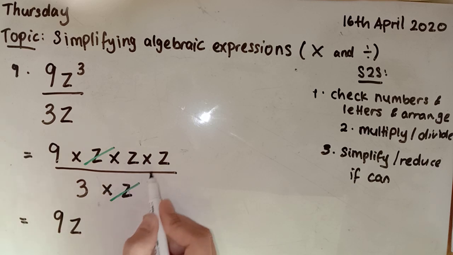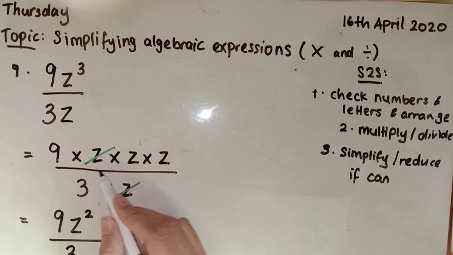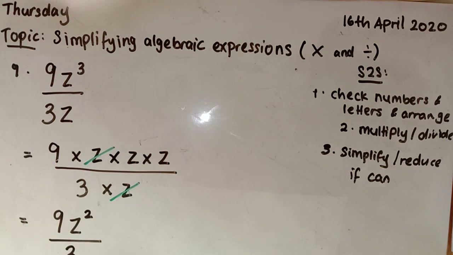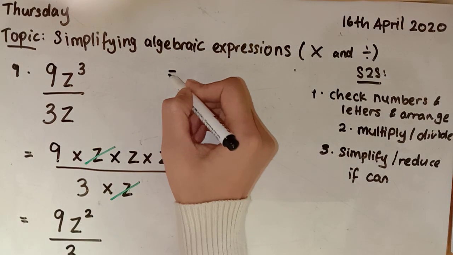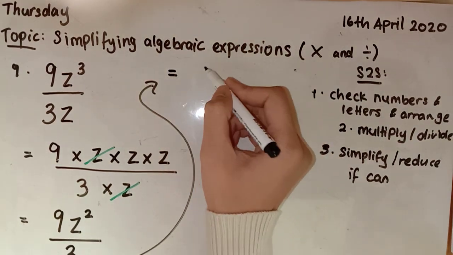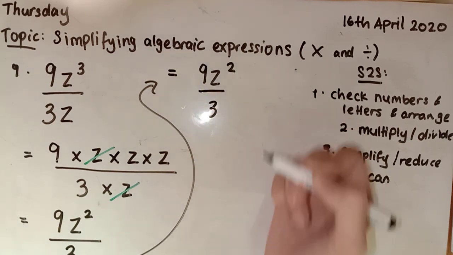How many Z tinggal? 2. So 2 over what? 3. Yang tinggal 3 saja. Pasal Z di bawah sudah kena cancel sama 1 Z di atas. Okay. So let me write it down here so you can see. Ani teacher bawa ke atas. So, 9z square over 3.